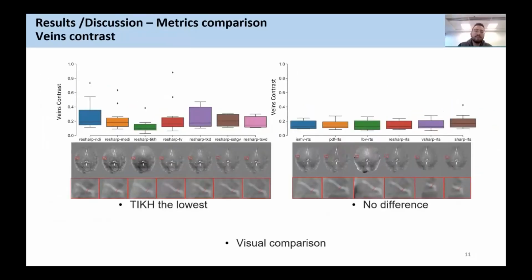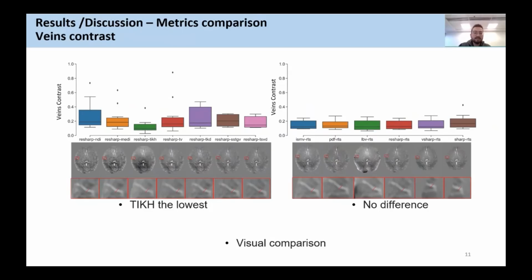Now, let's move to the second quality metric, which is the vein contrast. As I previously said, we can calculate this metric by dividing the maximum intensity by the width of the vein. We can notice that for the dipole inversion methods, the TIKH once again scored the lowest values, and for the background field removal methods, there was no significant difference.